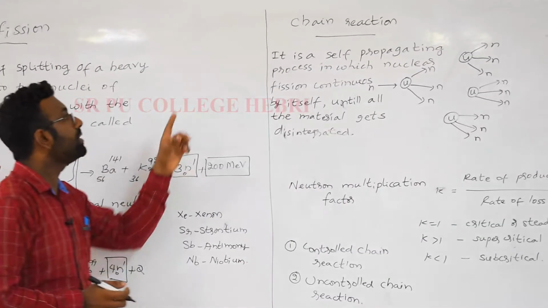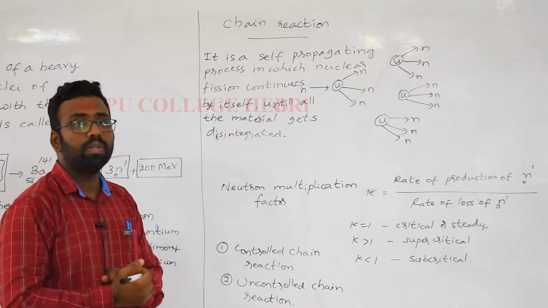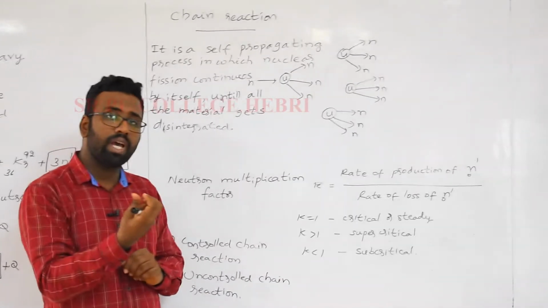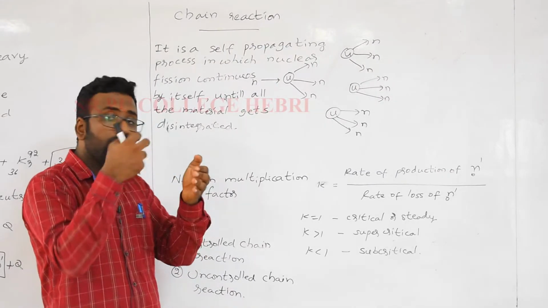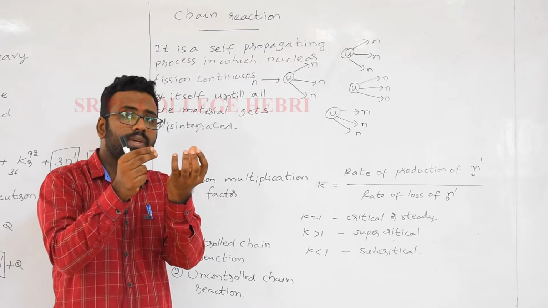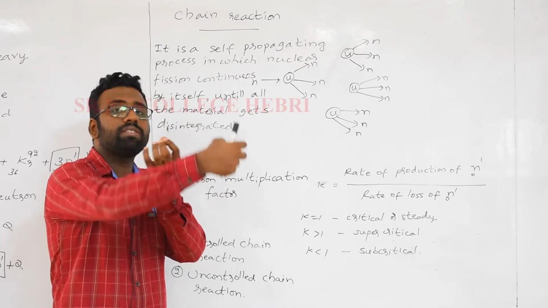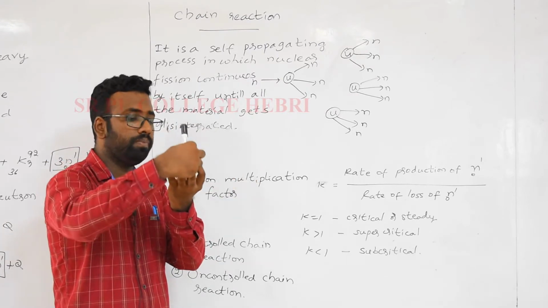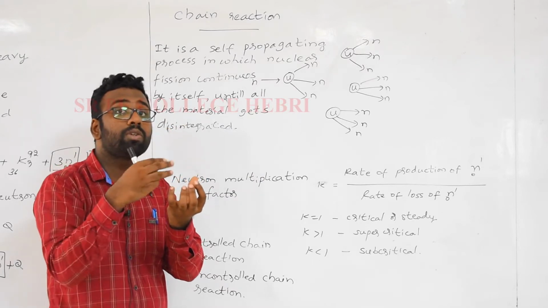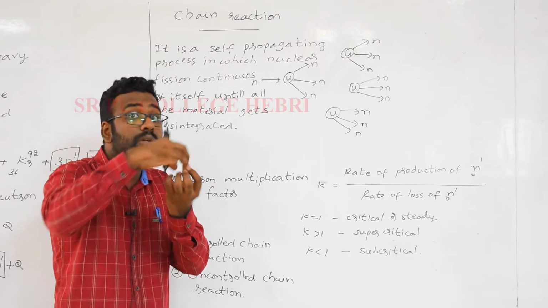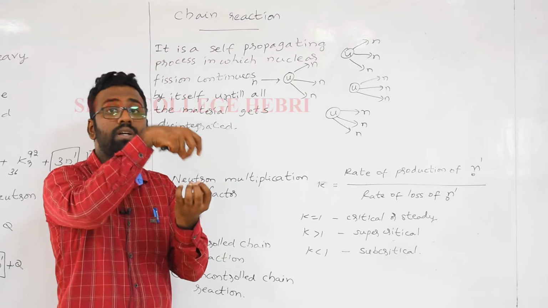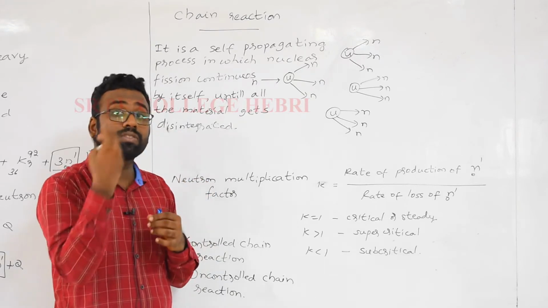Now we will see about the chain reaction. A chain reaction is a continuation of this fission process. When uranium-235 gets bombarded with a neutron, it gives sub-products. At the same time, here you have seen 3 neutrons are getting released from this uranium-235 along with the sub-products. What happens to these 3 neutrons?